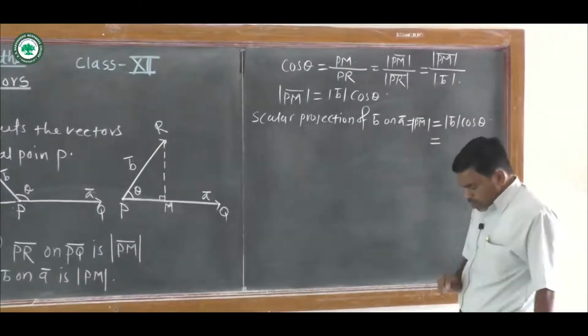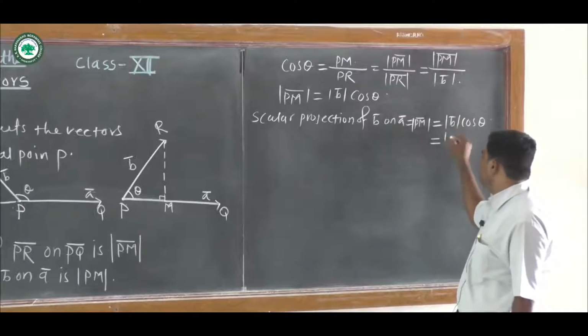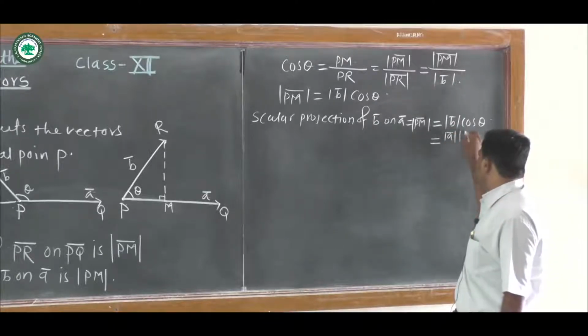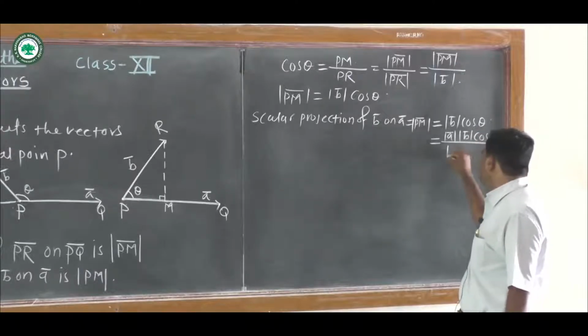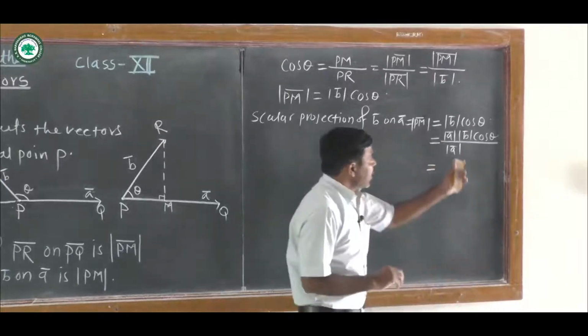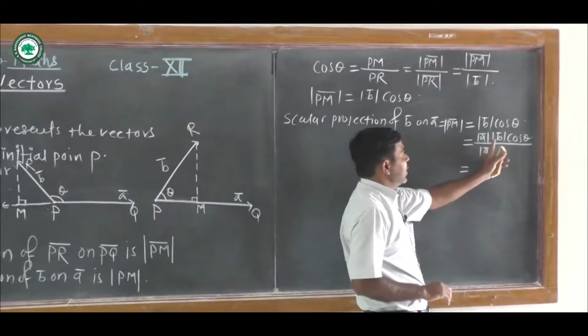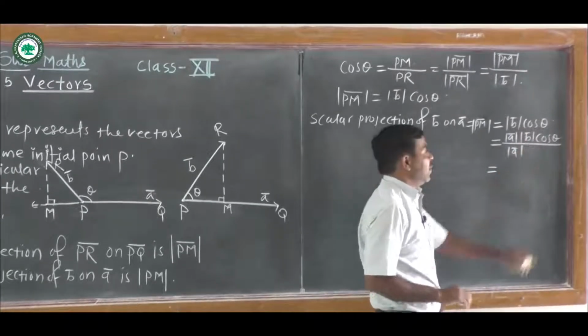Now here we can multiply and divide this expression by the magnitude of vector A. So the magnitude of vector A into the magnitude of vector B into cos theta, divided by the magnitude of vector A. Again see here, this numerator, magnitude of A into magnitude of B into cos theta, is nothing but the dot product of A bar and B bar.